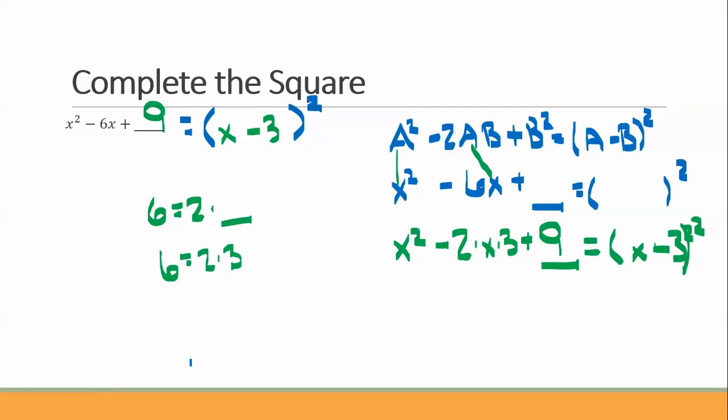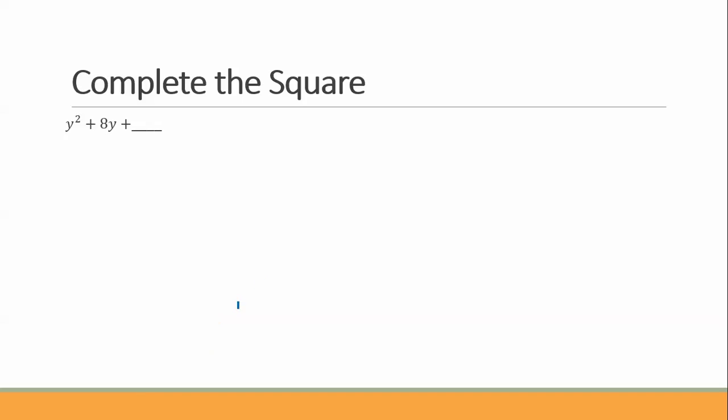Let's try another one. We have y squared plus 8y plus something, and we want that to be something squared. We know our formula is a squared plus 2ab plus b squared.